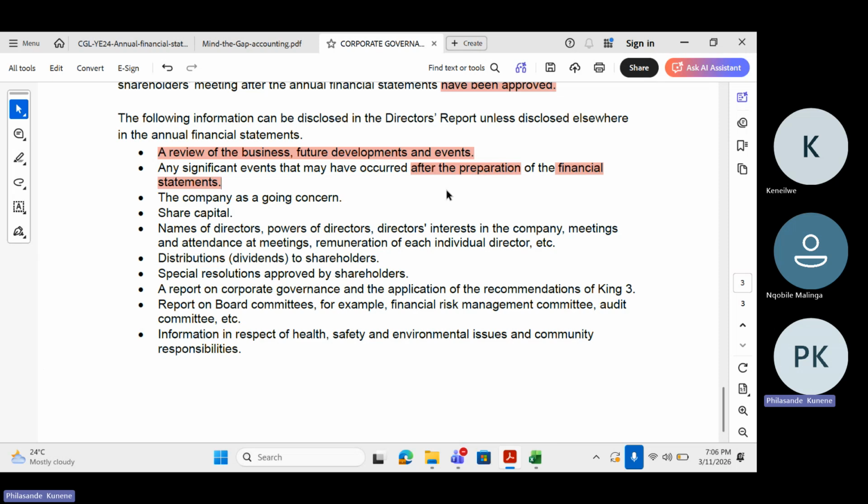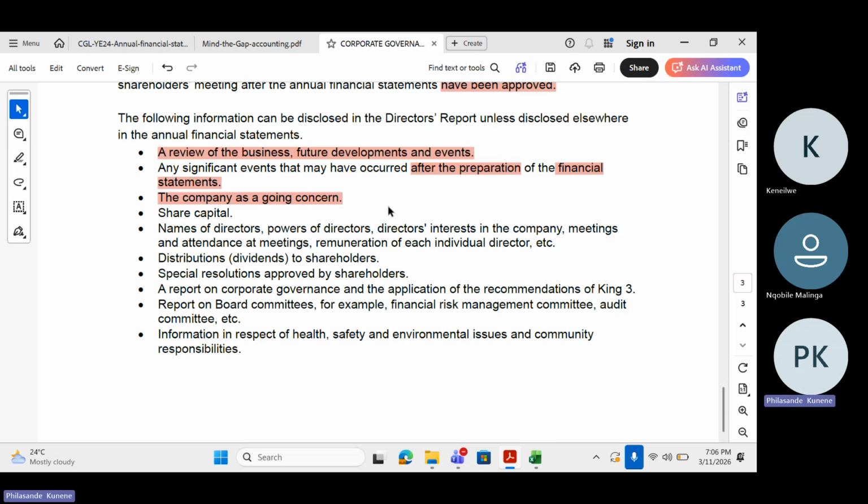If the year ends 31 December, remember, the financial statements will report up until 31 December. But on 1 January, if something happens and the company is gone, how are the shareholders going to know about that? The director's report must report that the company is a going concern. We know that going concern is one of the GAAP principles, right?